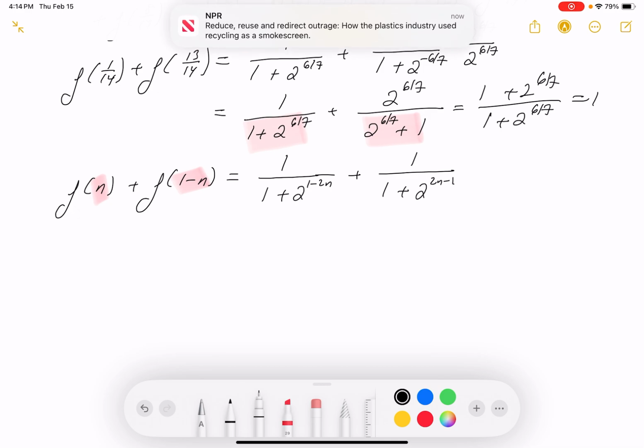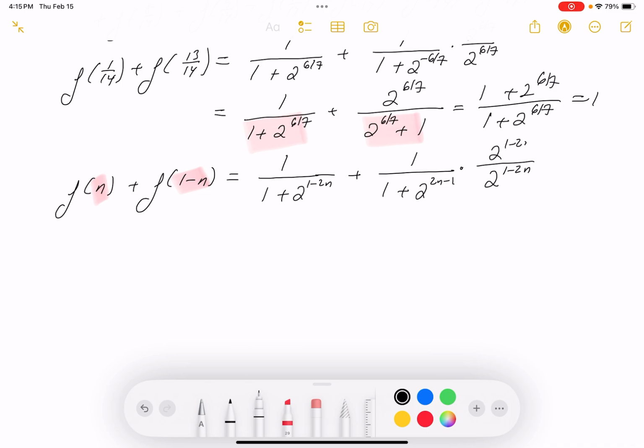Well, I'm seeing the pattern, and I might just verify, make sure it's true. I can multiply top and bottom by 2 to the 1 minus 2n. Let's put that down now. The first term is 1 plus 2 to the 1 minus 2n, plus, well, the top's easy to multiply together. It's going to be 1 times 2 to the 1 minus 2n.